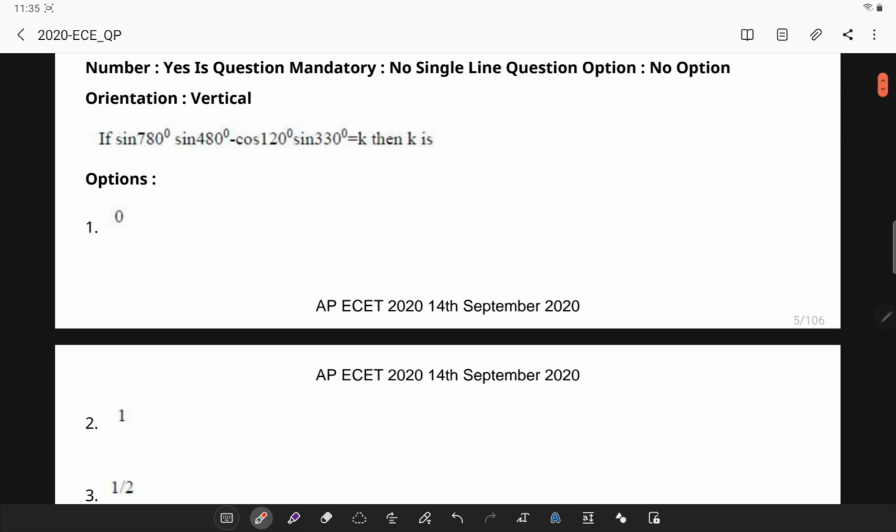So this value is sine 780 into cos 480 and so on. I can simply write this as sine of (720 plus 60) into cos of 480, in terms of multiples of 90.